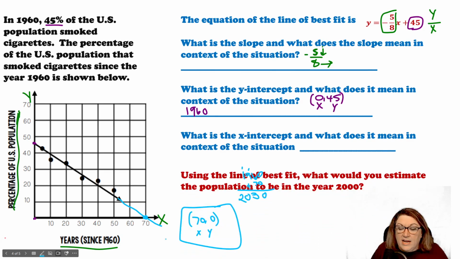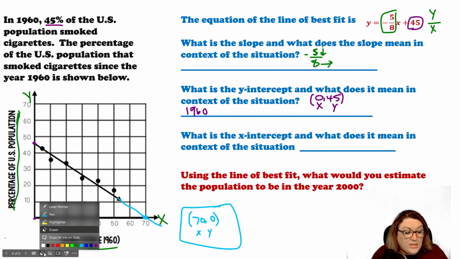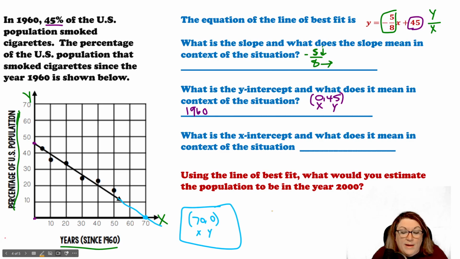All right, using the line of best fit, what would you estimate the population to be in the year 2000? Let me erase some of this. What would I expect the population to be in the year 2000? Now this time we can use the line. So year 2000, how many years past 1960 is the year 2000?